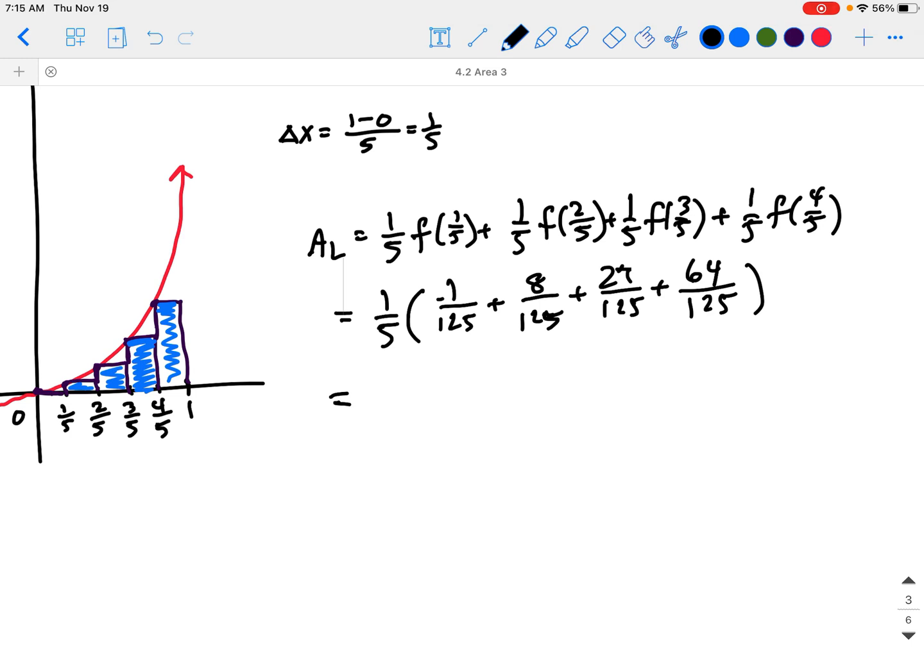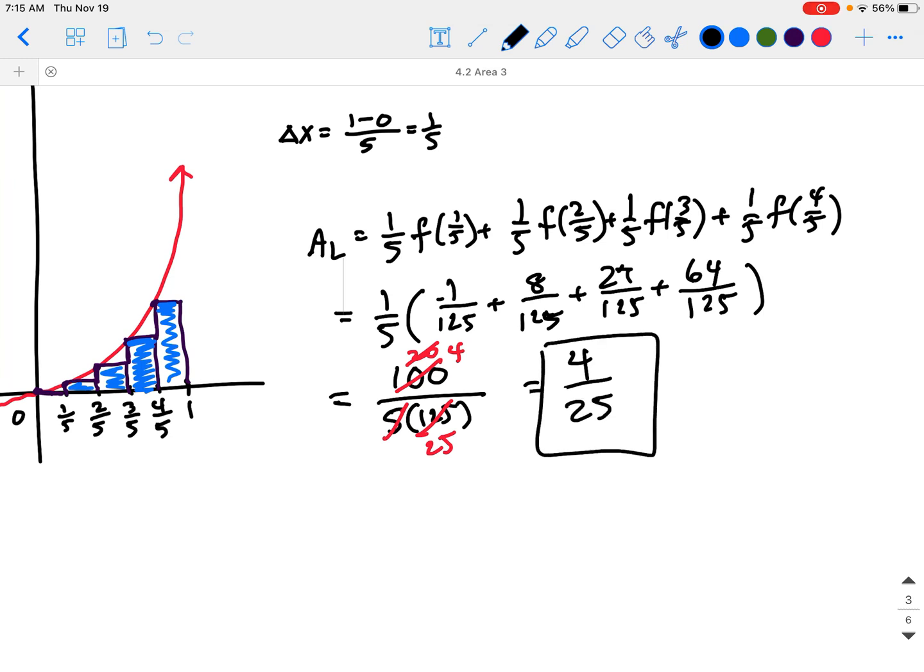Let's double check that, yeah. So it's going to be 100 over 5 times 125. We can cancel the 5 and the 100, so we can simplify this a bit. That'll be 20. And then we can divide another 5 out. And it looks like we're going to get 4 over 25.